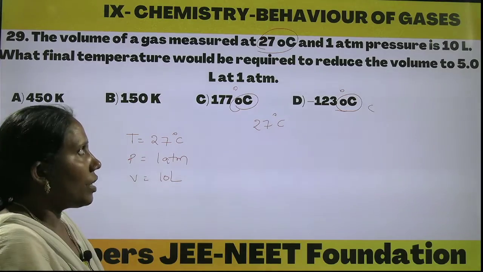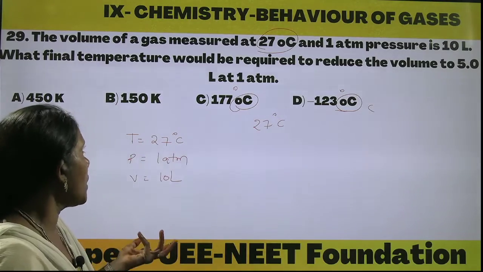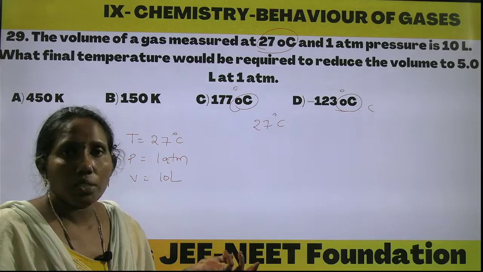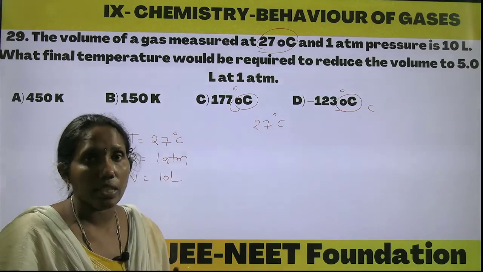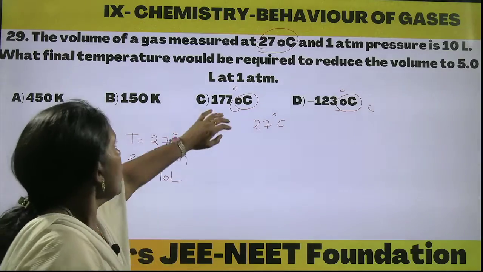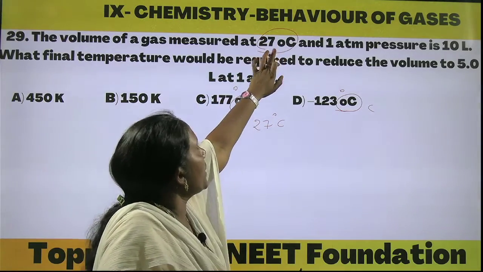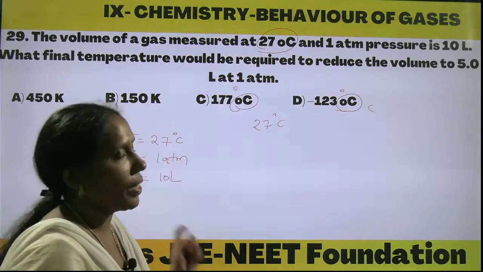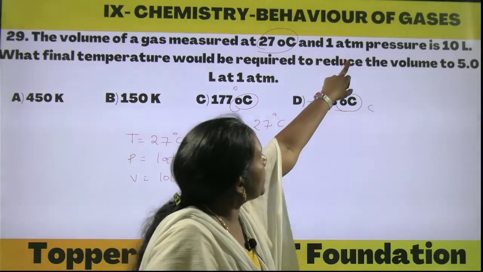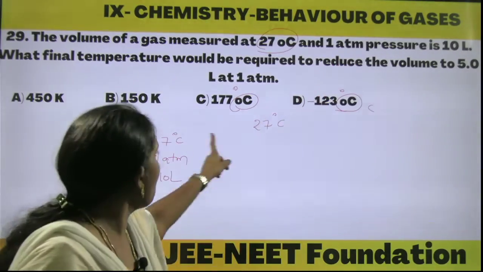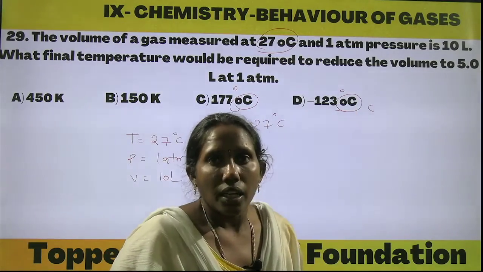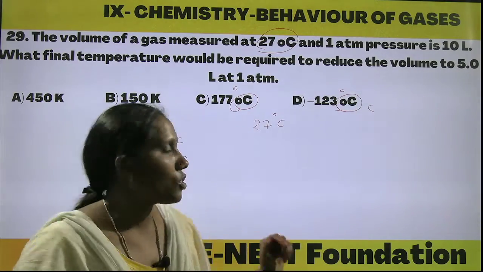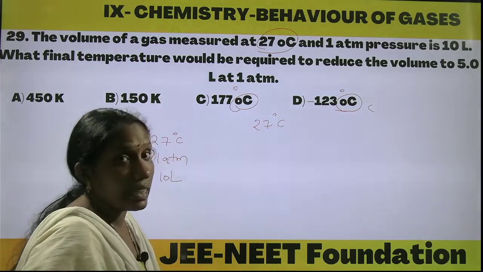You can get one doubt, how do we know the given one is pressure, the given one is volume? According to the units also we can identify what data is given. Degree Celsius is the unit for temperature, so temperature T is given. Atmosphere is the unit for pressure, so P is 1 atmosphere, and L means liter, liter is for volume, so volume is given 10 liters.